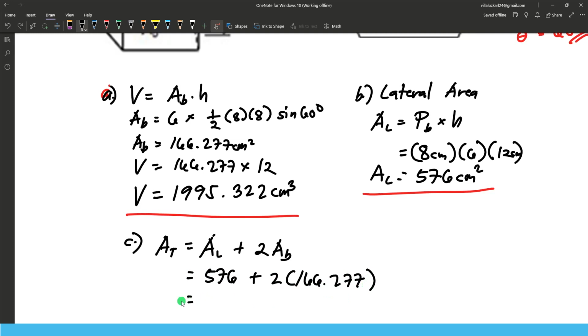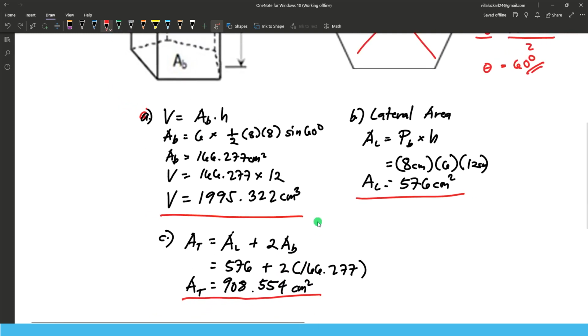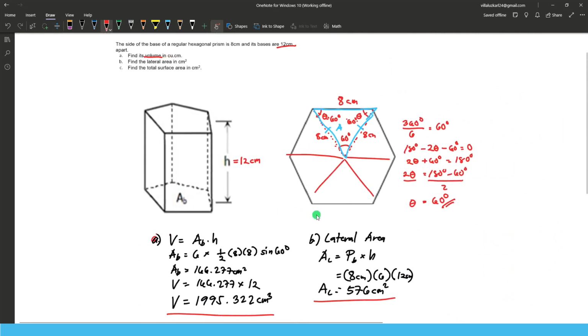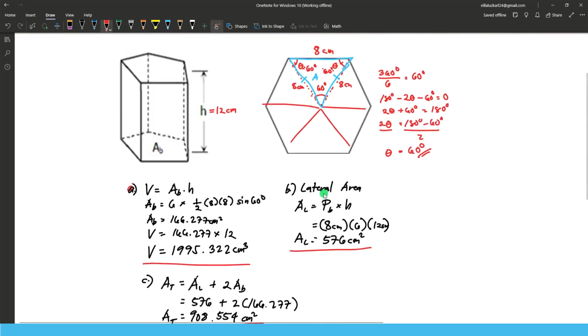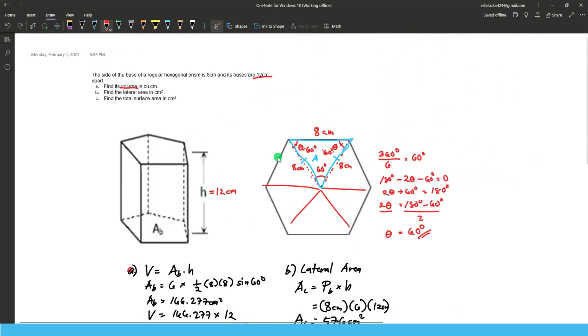Okay, the area total is equal to 908.554 square centimeters. So that's the total surface area of this hexagonal prism. Okay, let's proceed to the next problem.